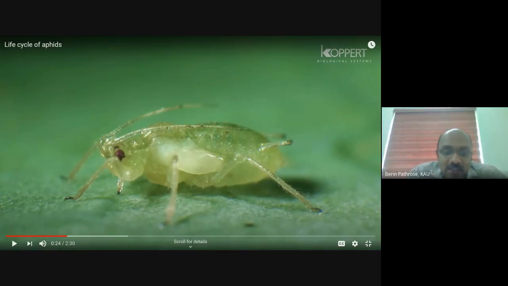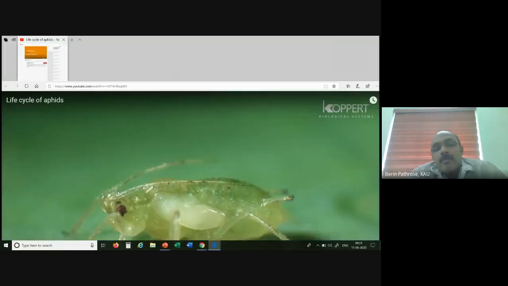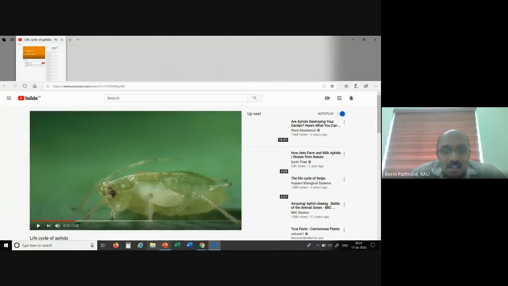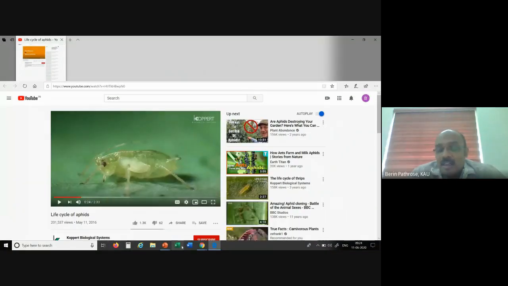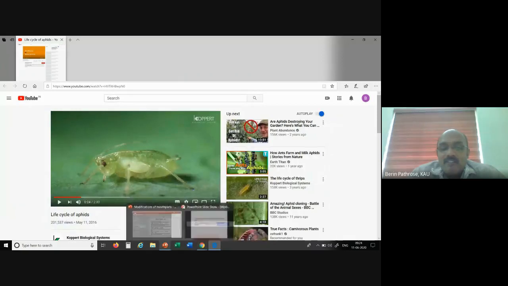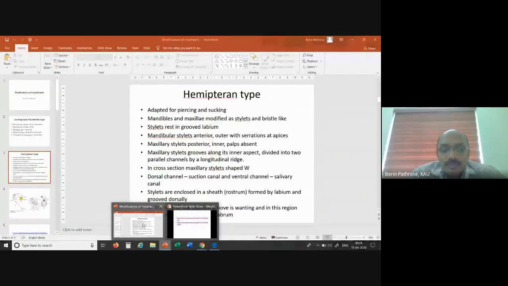Okay, and see what you see at the dark tip. All these are mandibular stylets. Mandibular stylets are slightly sclerotized because they have to pierce the plant tissue. So this is how the proboscis in an insect works when a hemipteran insect sucks sap from the plant tissue.